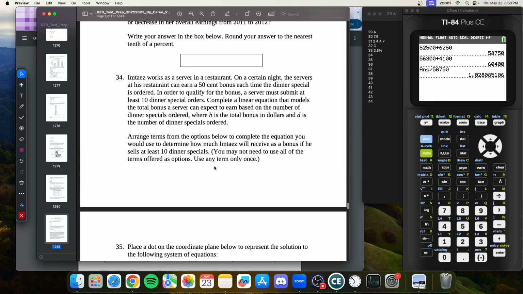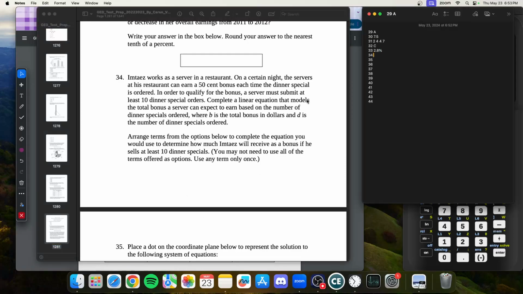Oh, okay. So there's like these terms, but there's no terms, okay, because the Kaplan people just like forgot to put them there. That's super annoying. So it's going to be bonus is equal to 0.5 times dinner specials, and then as long as D is greater than or equal to 10, something like that.